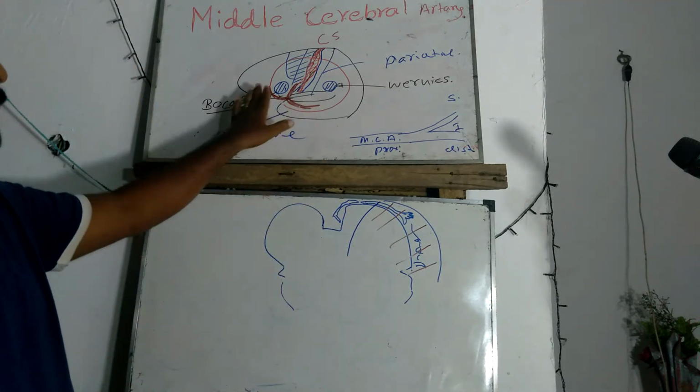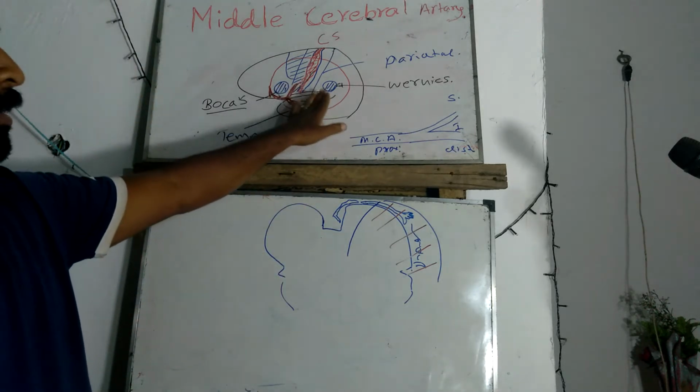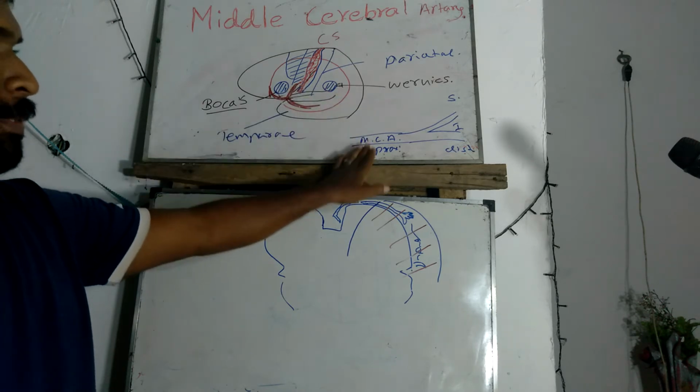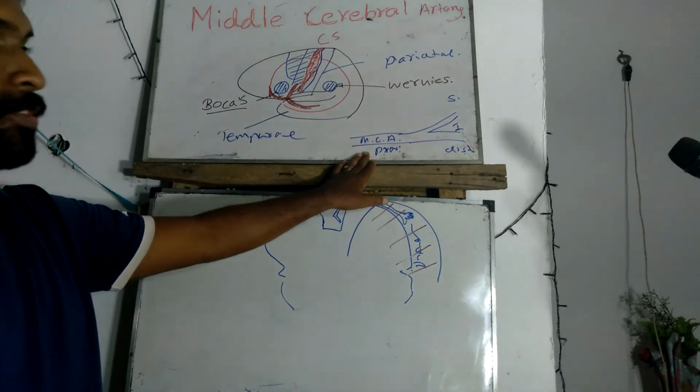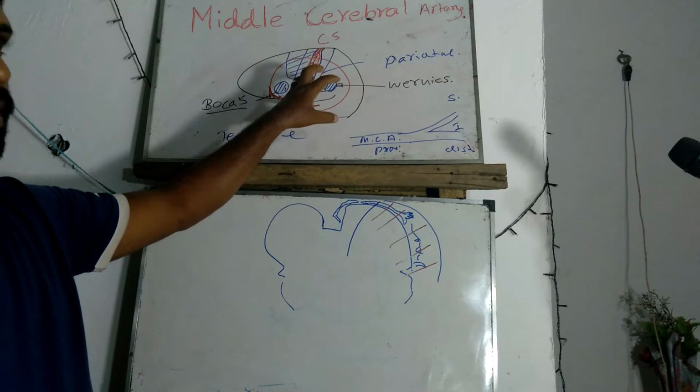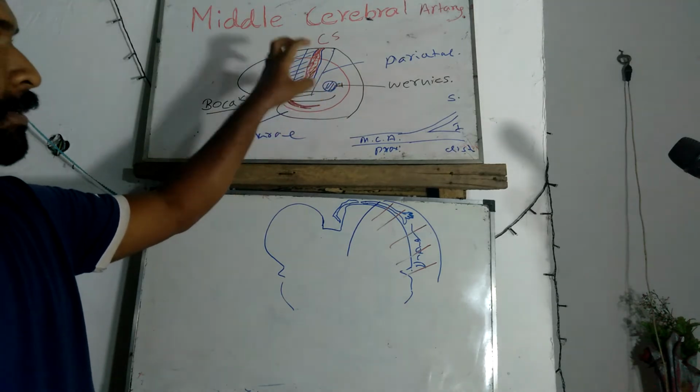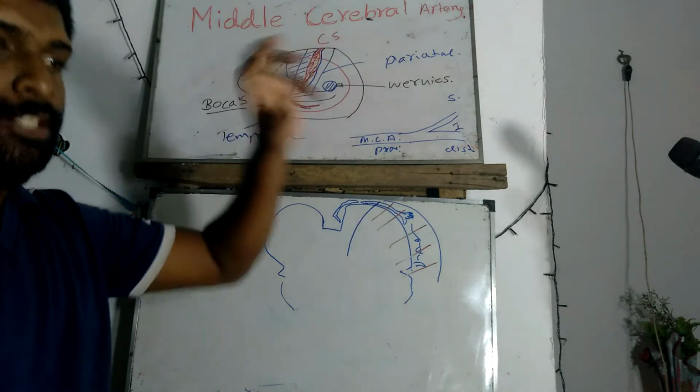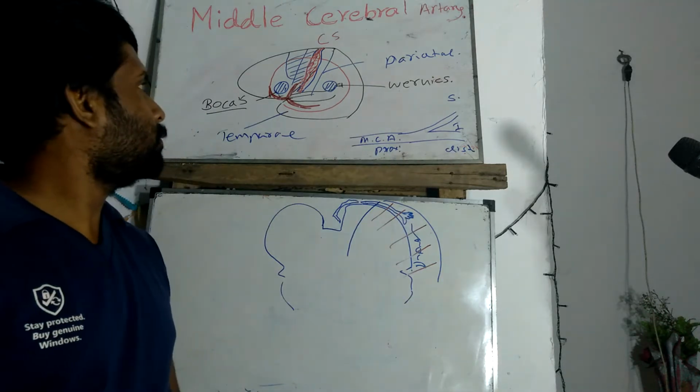Right, this is the major aphasic area. In middle cerebral artery damage, the patient has Broca's and Wernicke's speech area damage.